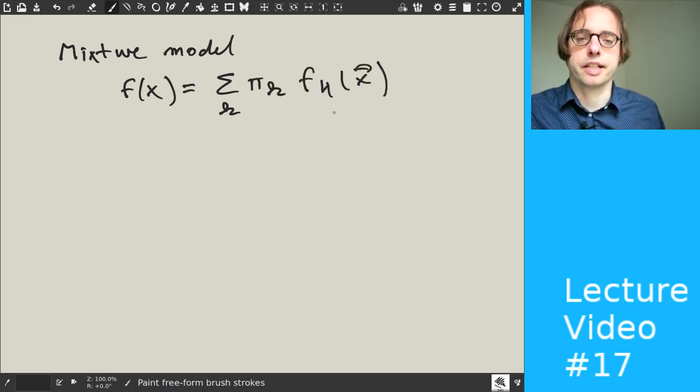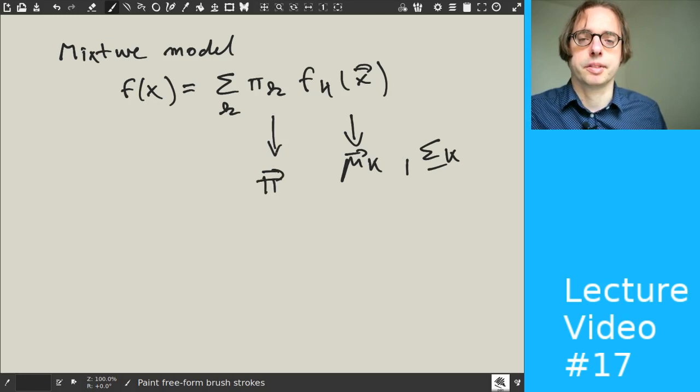And this f_k(x) usually has parameters. If this were multivariate normal, it would have a mean and a covariance matrix as parameters. And of course pi k is an element of a vector, and this vector pi is also a parameter of these mixture models.